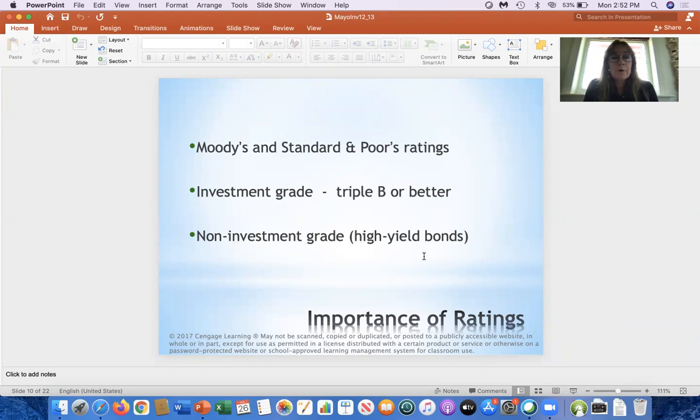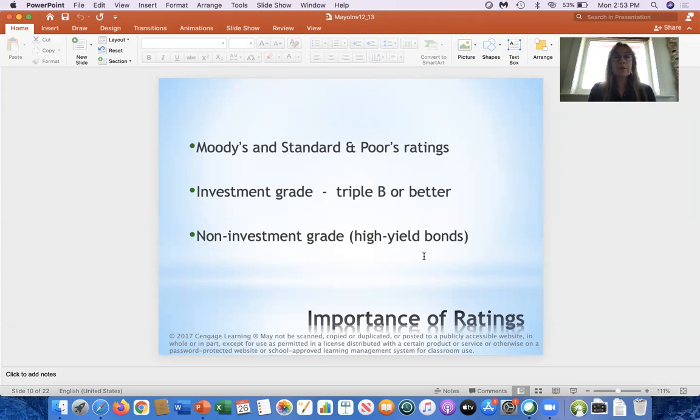Oatly, that's that oat milk company I might have talked about in a prior video. Oatly just had an IPO. They're probably non-investment grade. Oh, probably the pot stocks would be non-investment grade. So you see what I'm getting at. Companies that are new or in very risky environments would have non-investment grade type ratings.